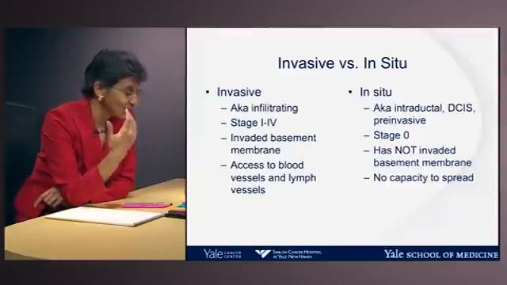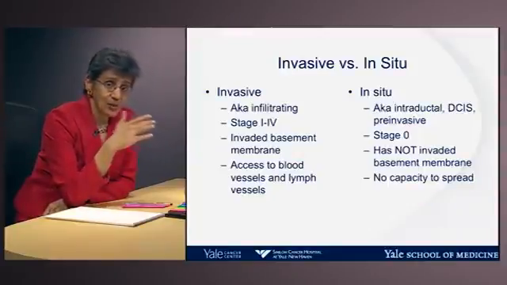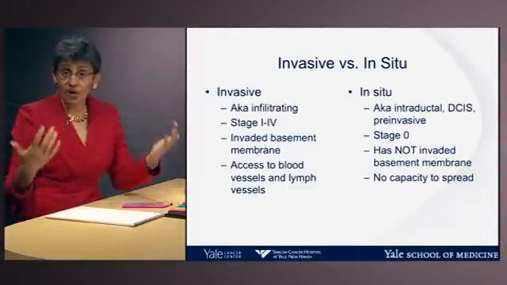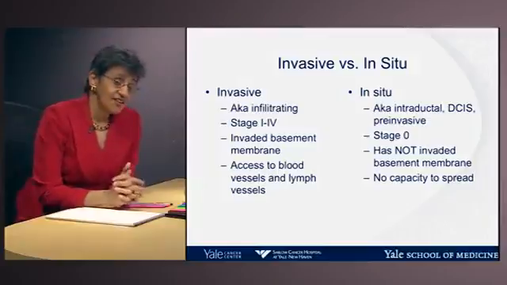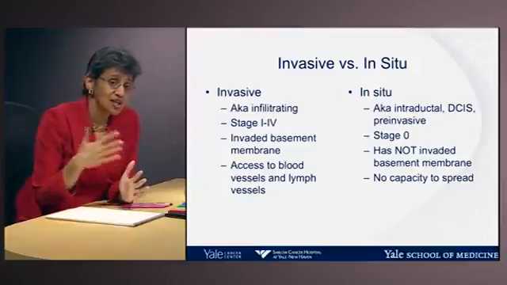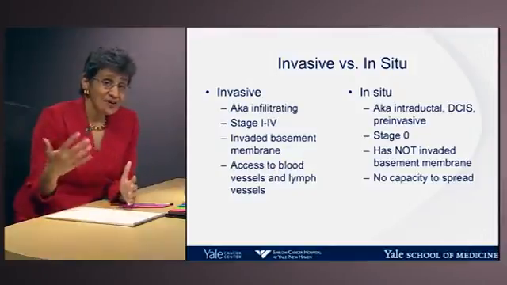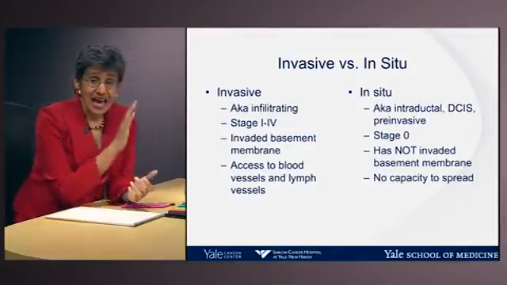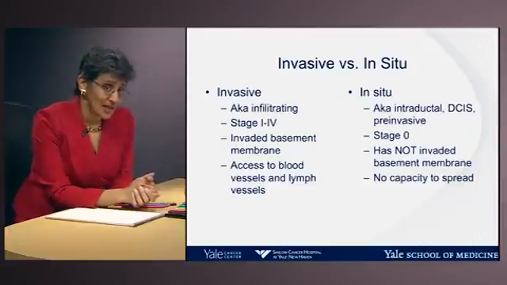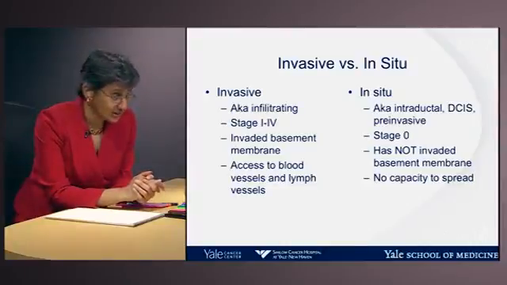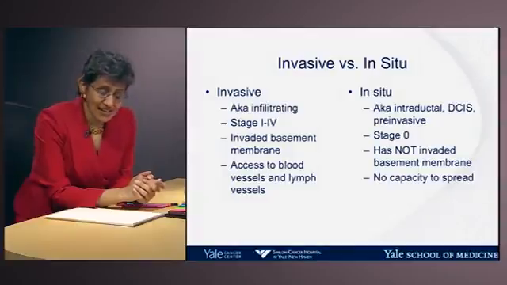Invasive are also called infiltrating. They can be anywhere from stage 1 to 4, depending on how big they are and where they've spread to. They've invaded that basement membrane, which gives them access to the blood vessels and lymph vessels and allows them to spread, as opposed to in situ cancers. In situ cancers are also called intraductal or DCIS.